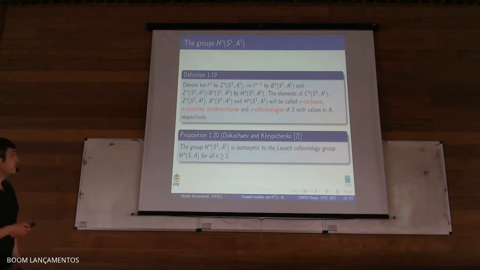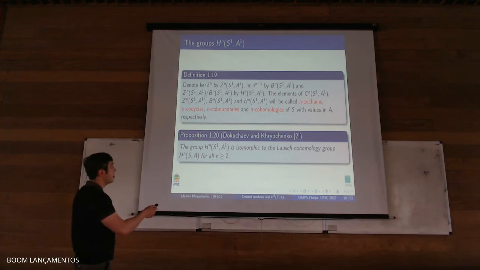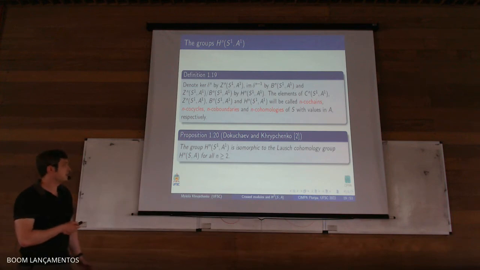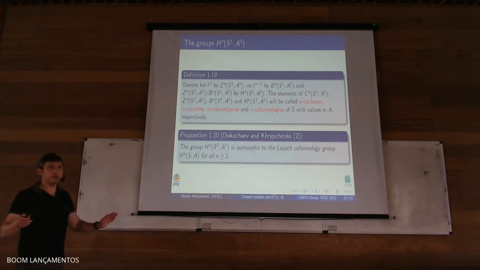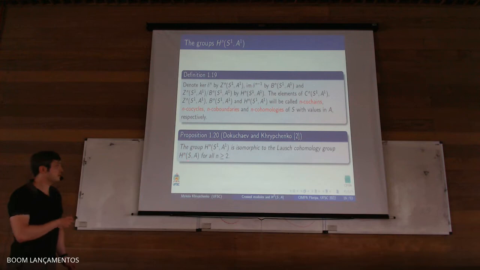Well, okay. Now we define this cohomology of S1 with values in A1. Maybe it's different from the cohomology of S with values in A, which is defined in a very theoretical way. In fact, it may be different in dimension 0 and 1, but starting from 2, they are isomorphic.